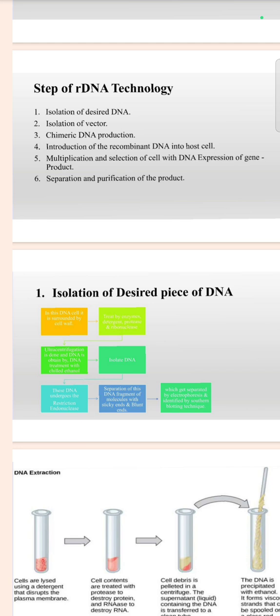First, the cells are washed with a sodium chloride solution, and then the cell wall is ruptured by homogenization. The homogenate is treated with detergents like sodium sulfate. The homogenate is centrifuged to remove cell debris. The supernatant contains DNA, RNA and protein components.